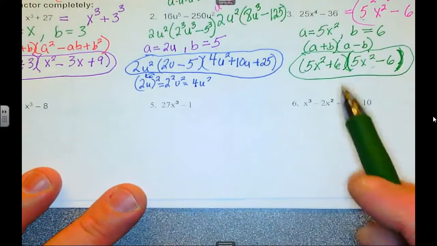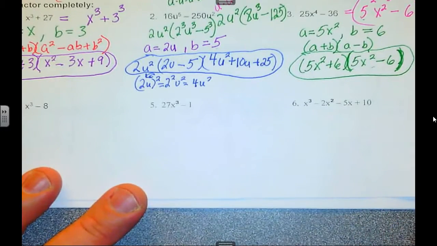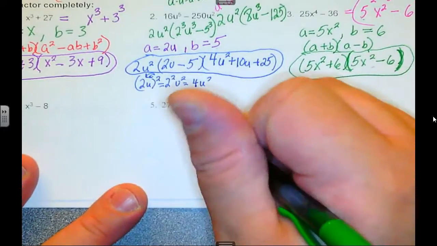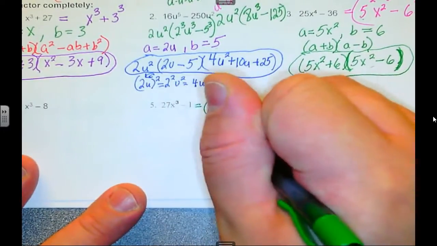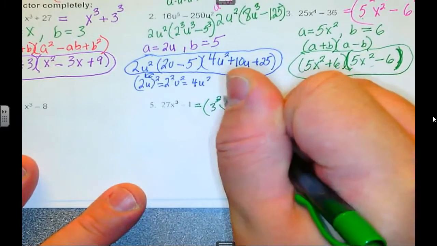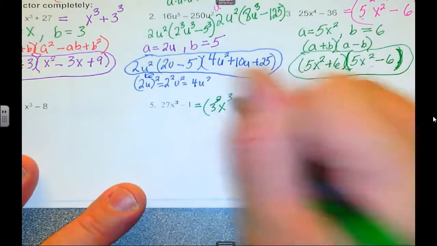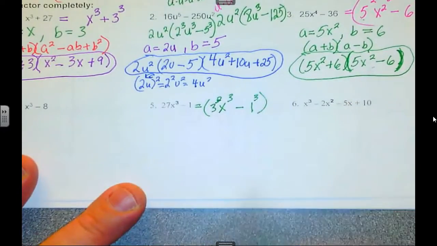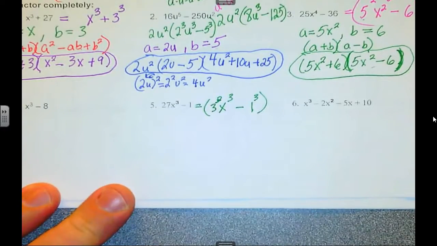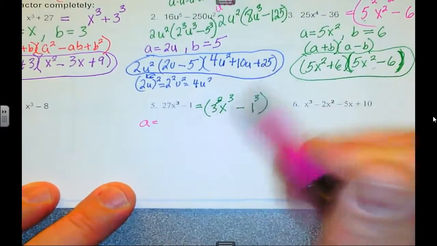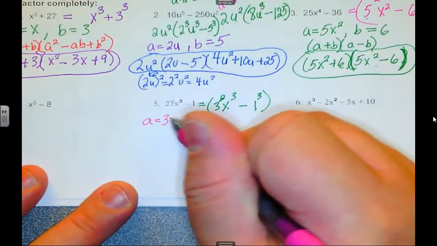All right, number 5. Yes, I have a difference of cubes. 27 is 3 cubed, so 3 cubed x cubed minus 1. I could always put that in a cube, because 1 times 1 times 1 is always 1. My A is 3x.